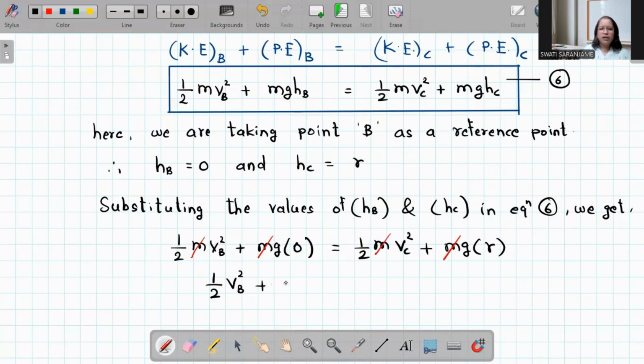The second term gives us 0, which is equal to half VC square plus RG.